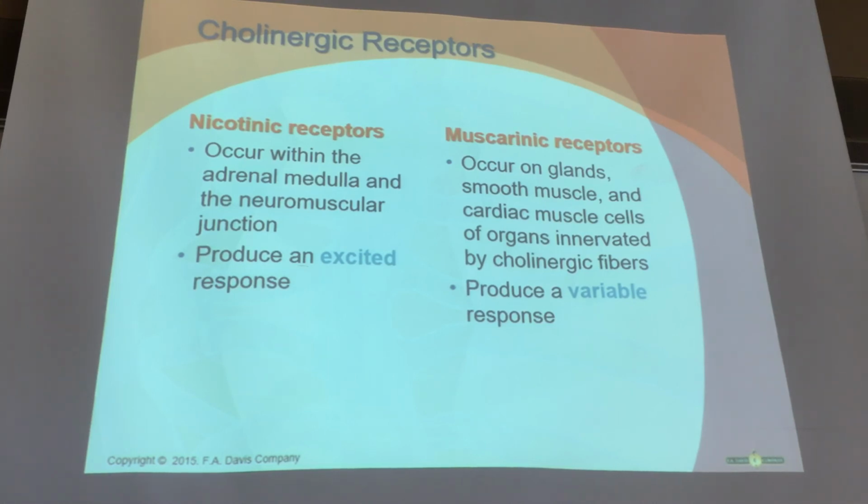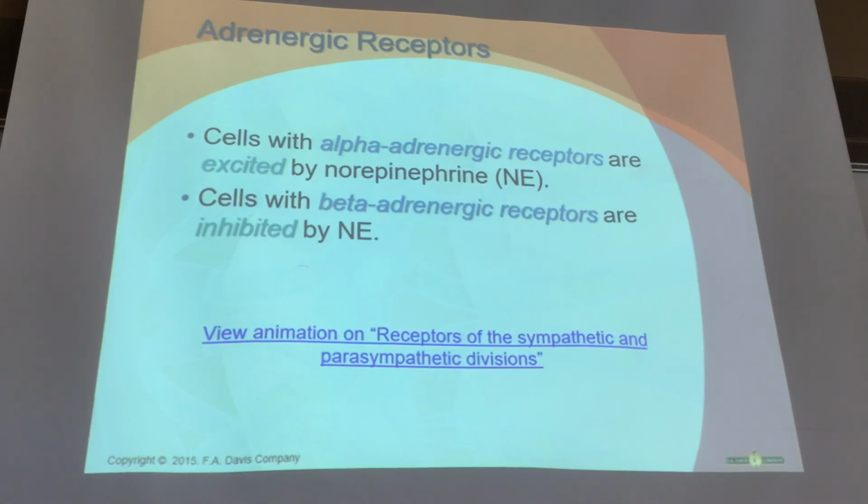So that's cholinergic. Now we've got adrenergic. Norepinephrine is the adrenergic neurotransmitter, and there are two types of receptors that norepinephrine can bind to: alpha and beta. The difference is that alpha causes an excited response and beta causes an inhibitory response.